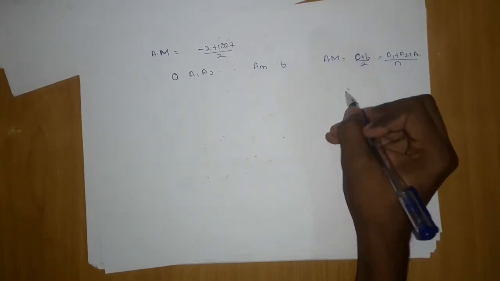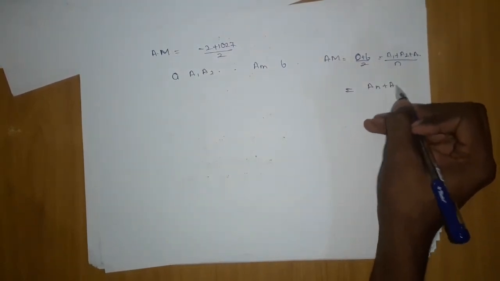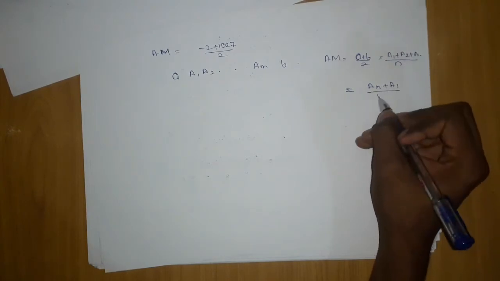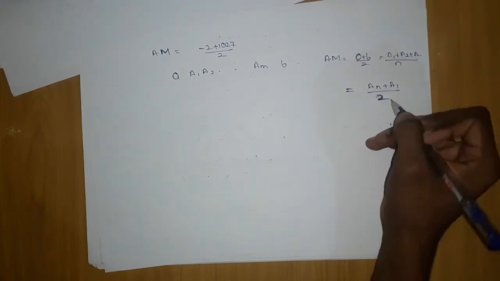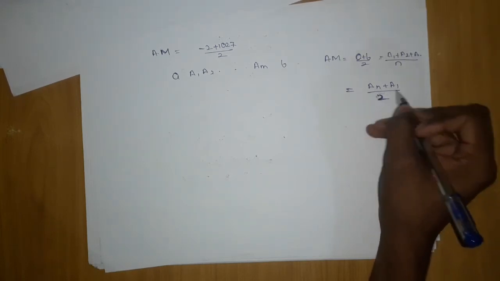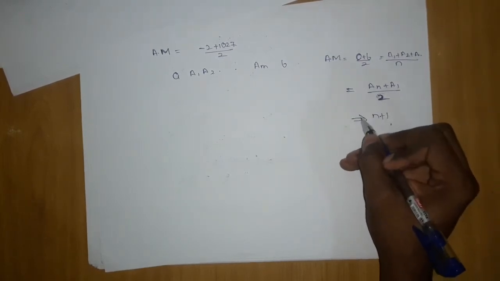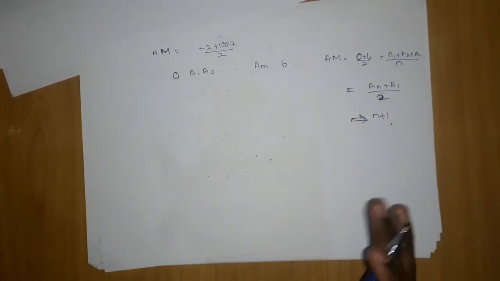The basic idea is that the subscripts should give me n plus 1. Here, subscript means the number of terms, and the subscripts add up to give me n plus 1. That is the major idea in GM and AM also.